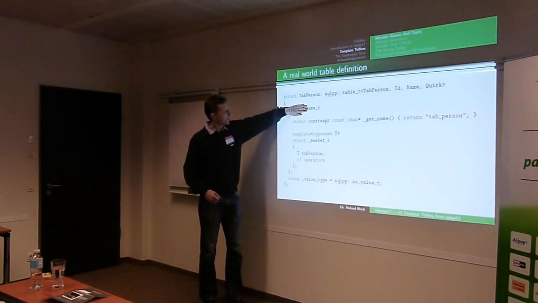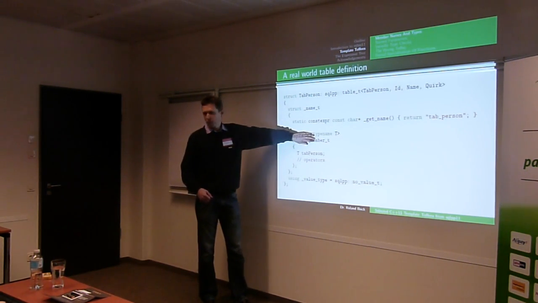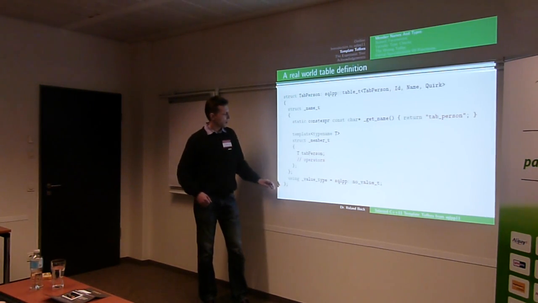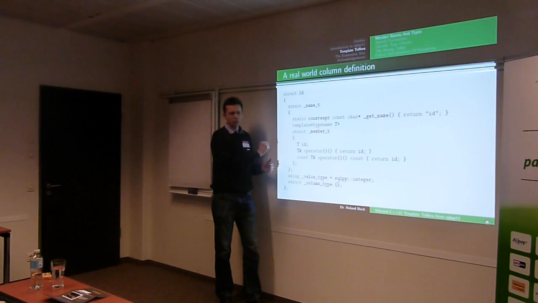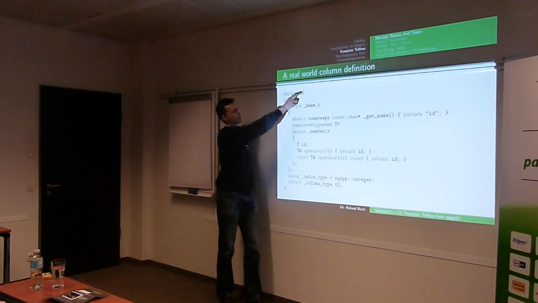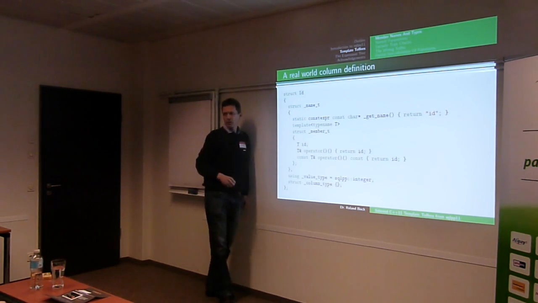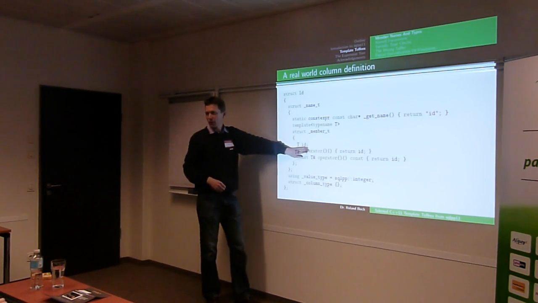So you have a name T, which contains everything about names, including this member template. If you go one slide before, you see the operators. The member template is specific for each column and table. So if you have a column called ID, then the member is ID.